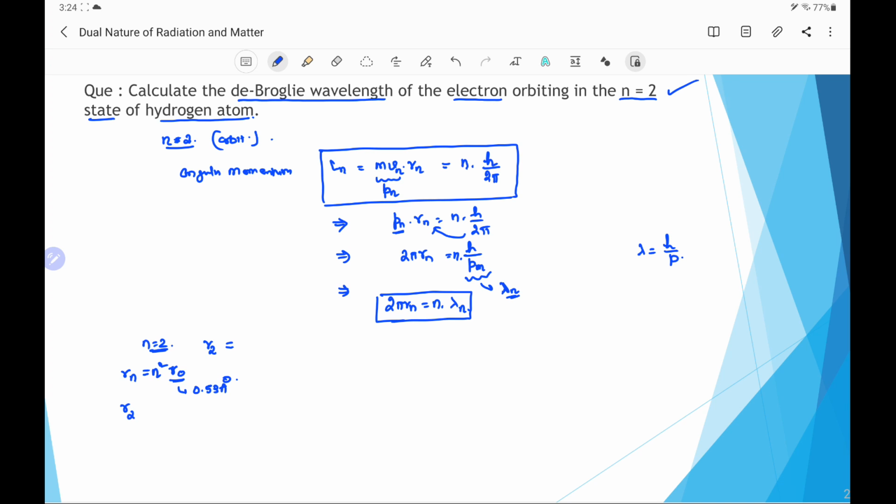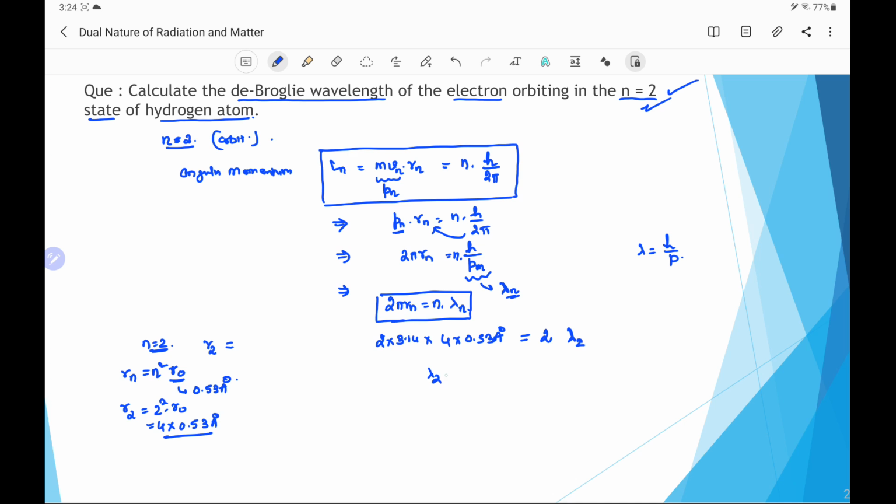So radius of second orbit will be 2 square into R0, that is 4 into 0.53 angstrom. Using this value, we can write 2 into pi, 3.14, into rn, 4 into 0.53 angstrom, and this is equal to n, 2 because it is given, times lambda. We have to find the wavelength of the de-Broglie wave in the second orbit.